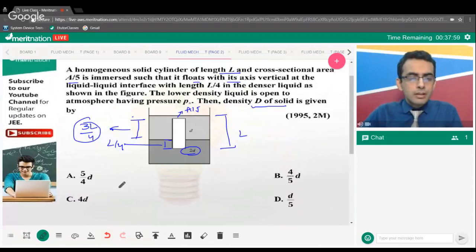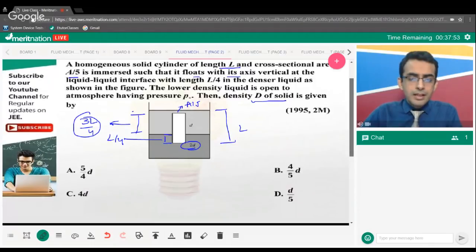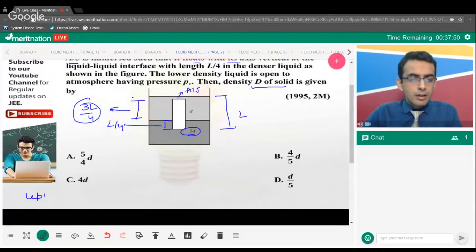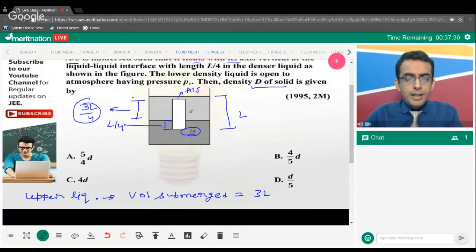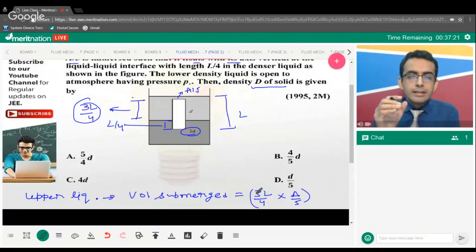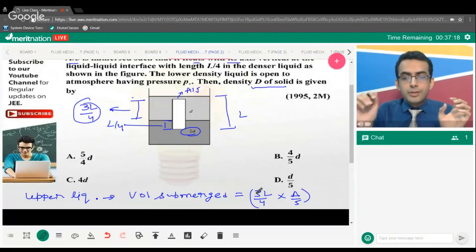So the volume submerged in the upper liquid is 3L by 4 multiplied by A by 5, and this is equal to the volume of liquid displaced.